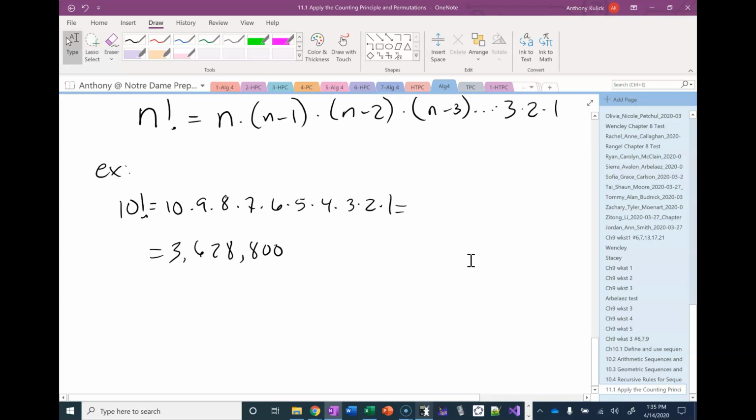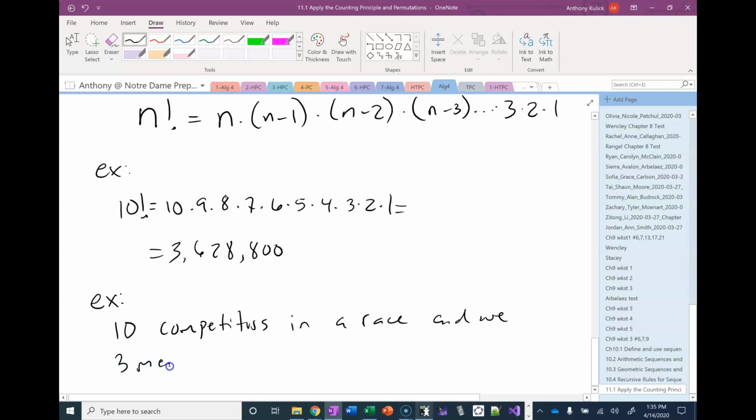What if we are only interested in ordering some objects? So suppose there's this situation. We have 10 competitors in a race, and we give out 3 medals for first, second, and third.